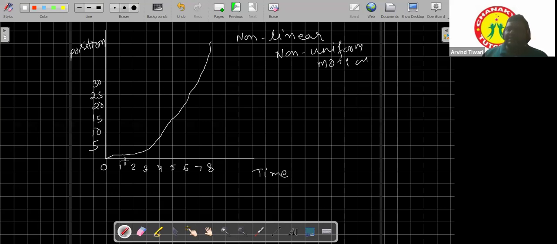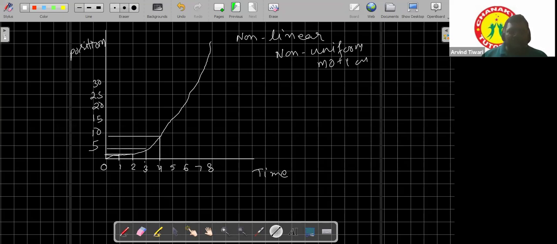And here, as I can see, the displacement in every interval of time is not the same. For example, the displacement it has made in 1 second: if I draw the graph over here, it cuts the y-axis at this point, which is about 2. The displacement in the next 1 second is still less. The displacement in the next 1 second is a little bit more. The displacement in the next 1 second is still more.